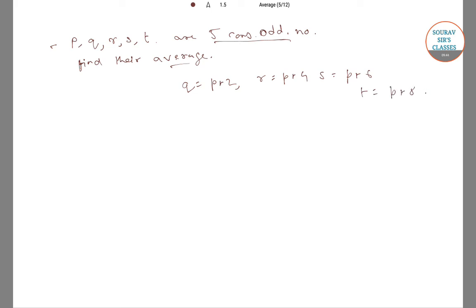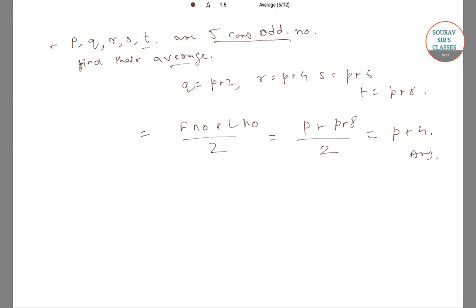So the average of P, Q, R, S, T, using the formula from before, is first number plus last number divided by 2. So first number is P plus last number is T, which is equal to P plus 8, divided by 2. So the average is P plus 4. This is the answer.